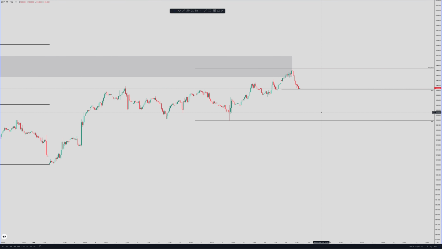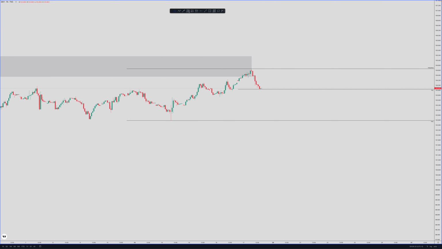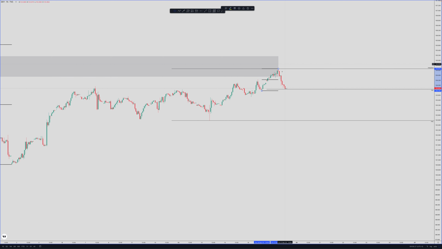So here we have our 1 hour. I'll mark out the leg first before any POIs, just so you can see it's quite clear the swing points of the leg. So it's premium discount. We're currently sitting at a 1 hour order block.